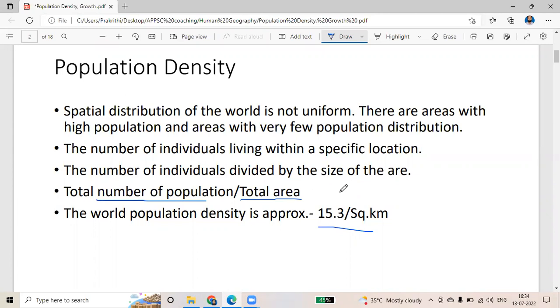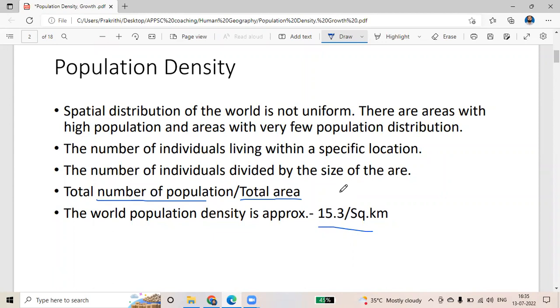If we want to take the population density of a state, we will calculate the total population of the state, which is being divided by total area of that particular state. Then we will get the output. So this shows how much population is distributed in this specific area. How concentrated this population is.